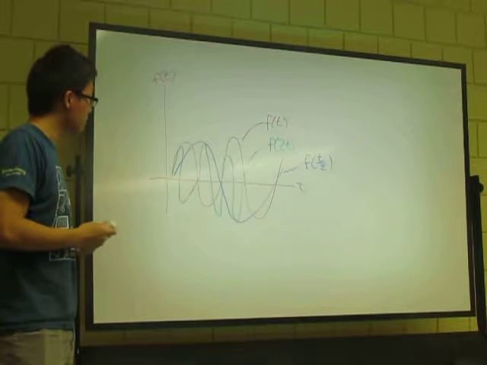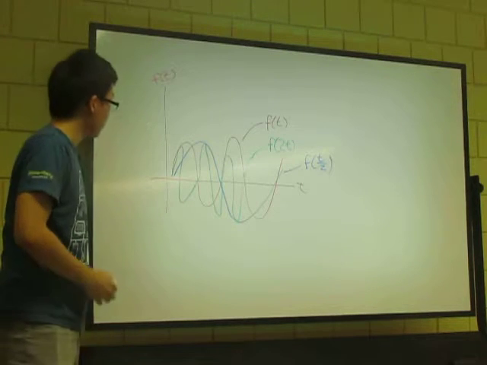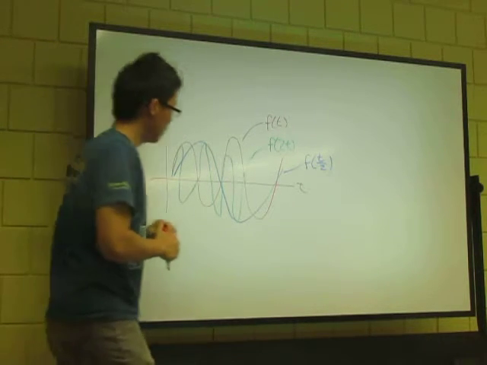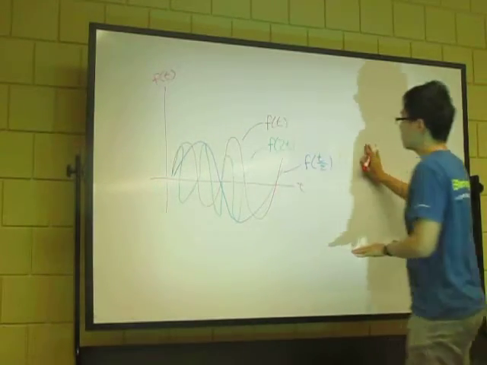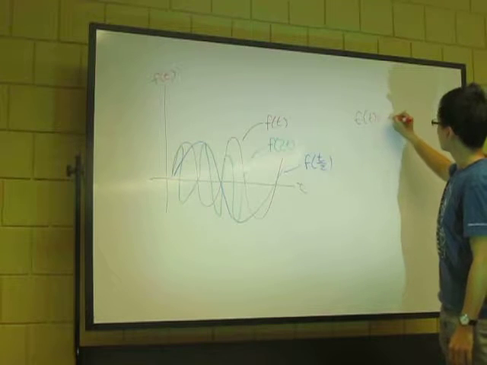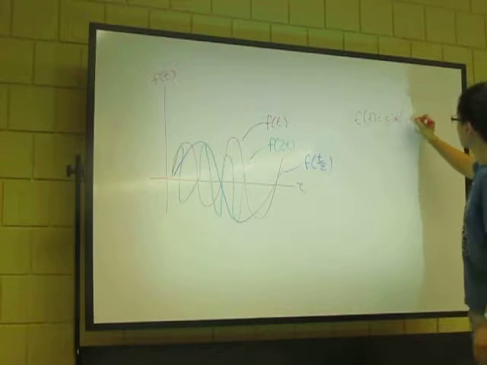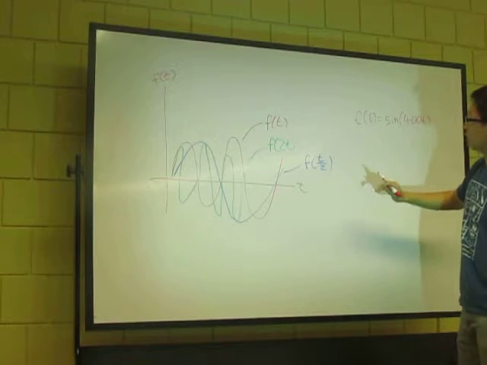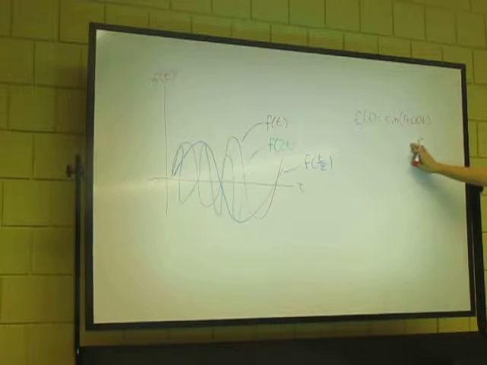So if I write my function f of t as a sine wave, so sine of, let's say, 400t, then does anyone want to guess what the frequency of this sine function would be?